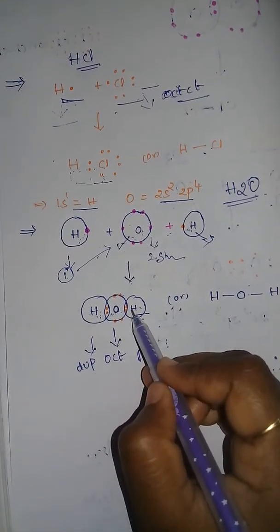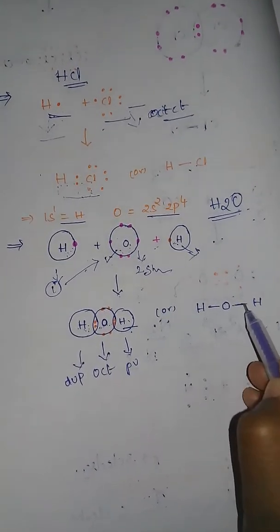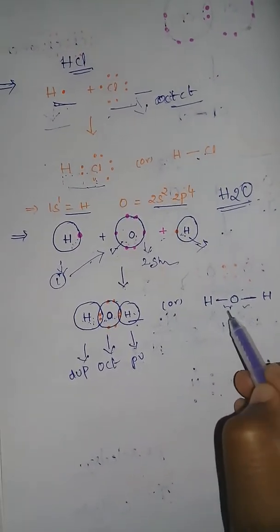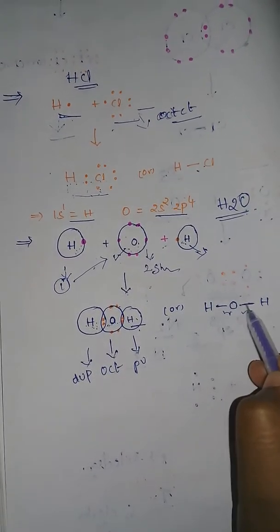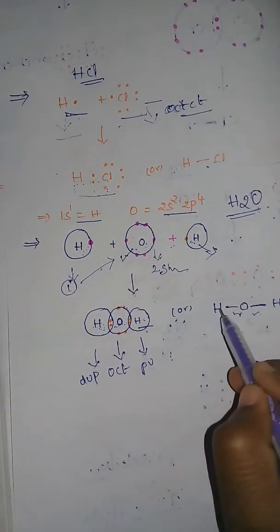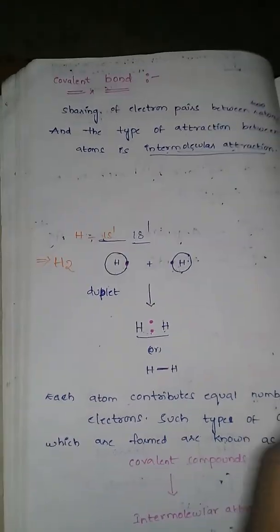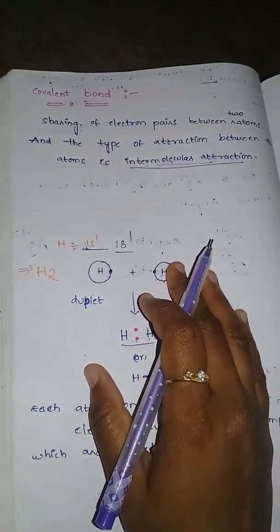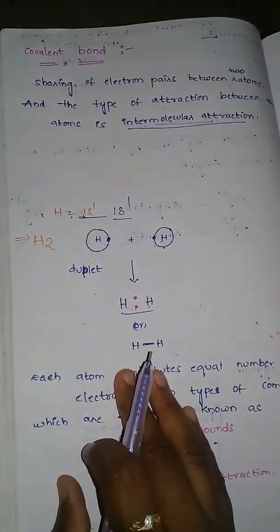Between these electron pairs, the bond is represented like this. Single bond means 1 electron pair shared between 2 atoms, and oxygen shares 2 electrons with these hydrogen atoms. So this is the covalent bond, sharing of electron pairs between 2 atoms. Thank you.